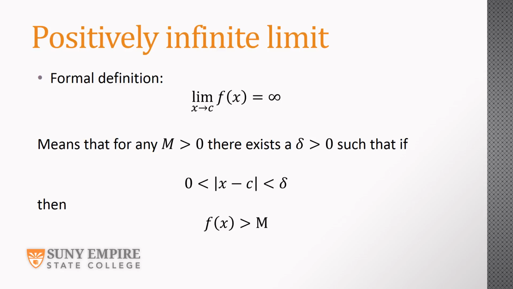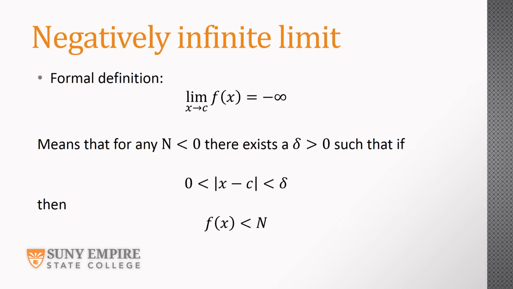Suppose we have any value m that is greater than 0. We can find a delta, also greater than 0, so that there will be an x value at most delta away from c where the function value is greater than m. So no matter how large of a value, we can find a function value that is larger.